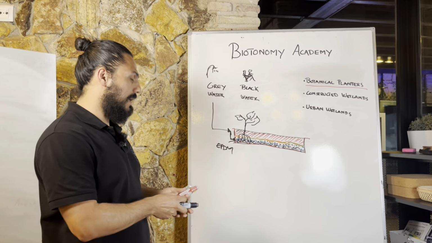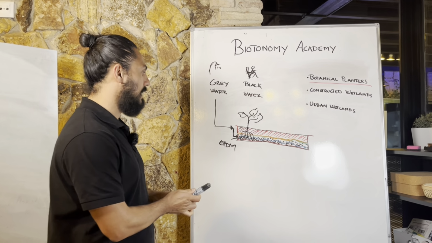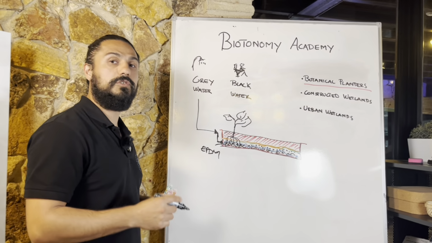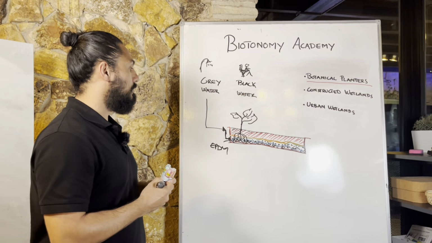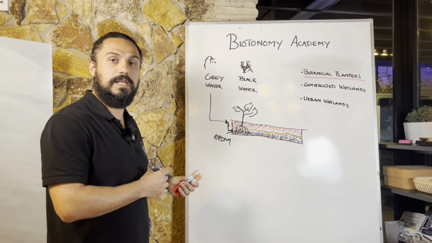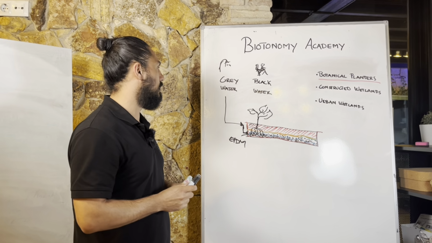So by the end, when the gray water reaches the last section here, it's pretty much clean. Now, we normally have this integrated inside the building, or it can also be an external part of your building.